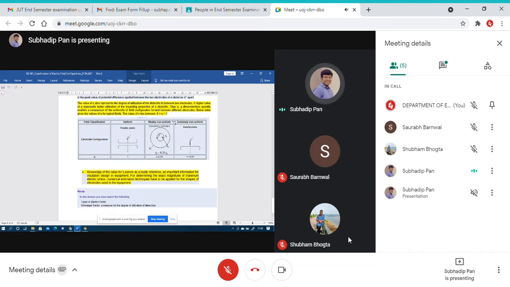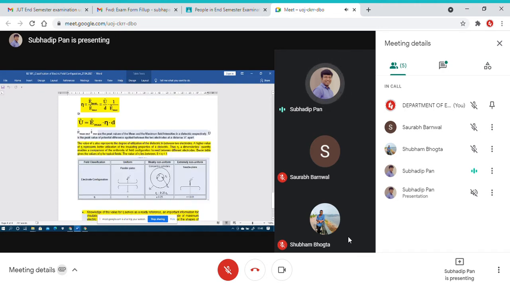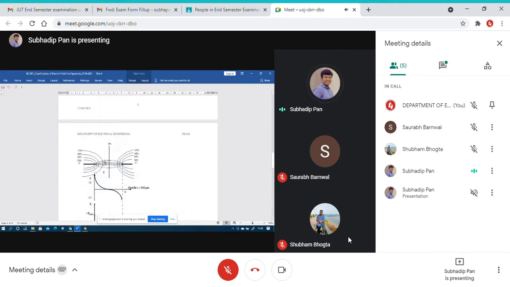This is the field classification. And mu is very much less than 0.01 in an extremely non-uniform field, when we are using a needle plate, needle to needle, point to point, like this. We are using these two electrodes and needle points, and the electric field will be defined in such cases, right?